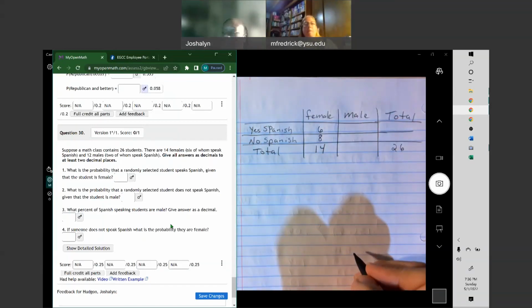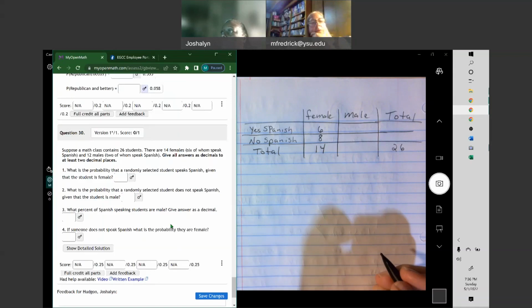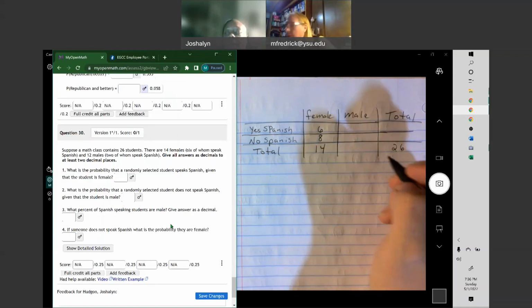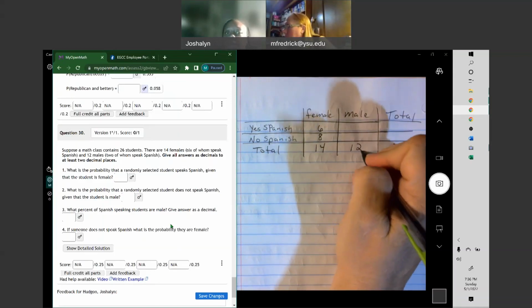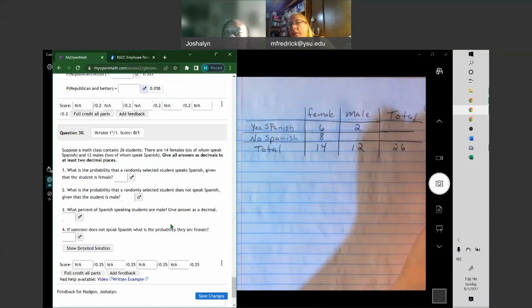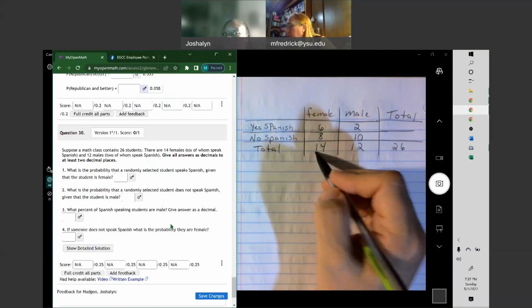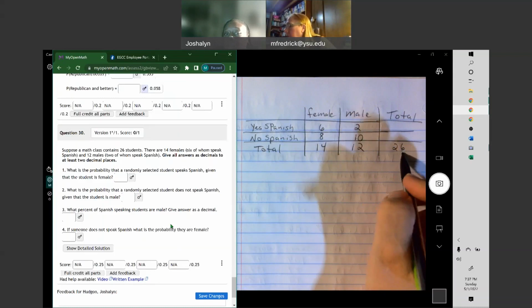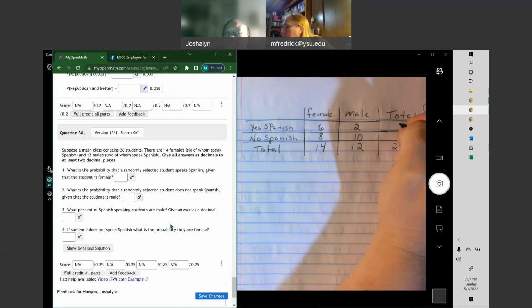Then 12 male, and 2 of the male speak Spanish. And it's 12 total down. So 10 don't. And 14 and 12 gives us the total, 26. That's 8 and 18.